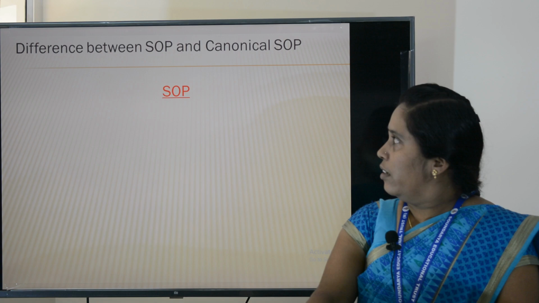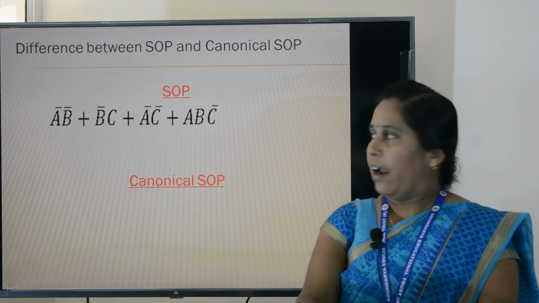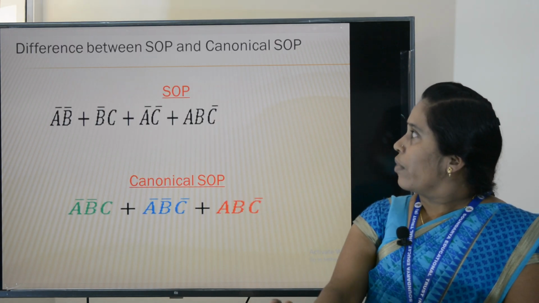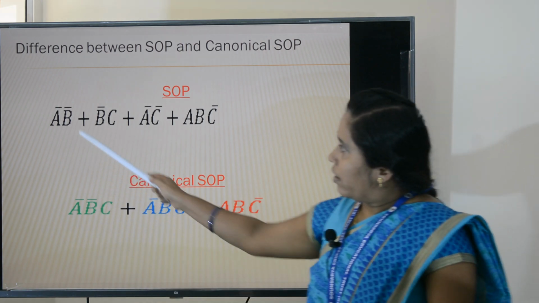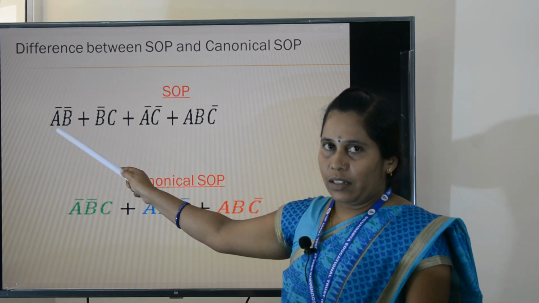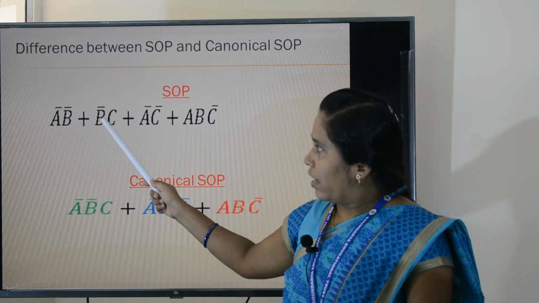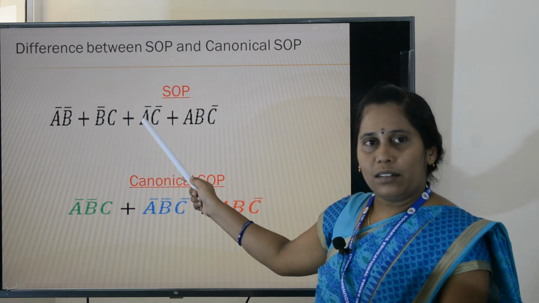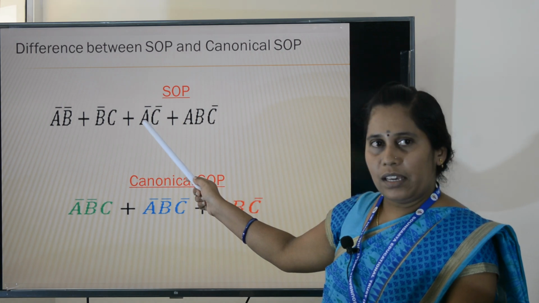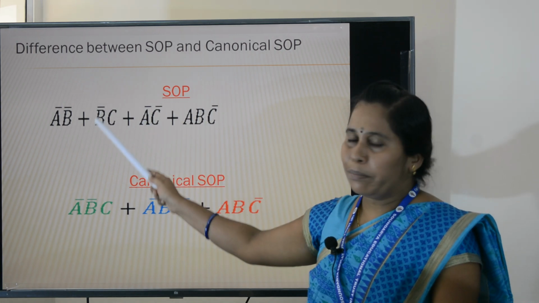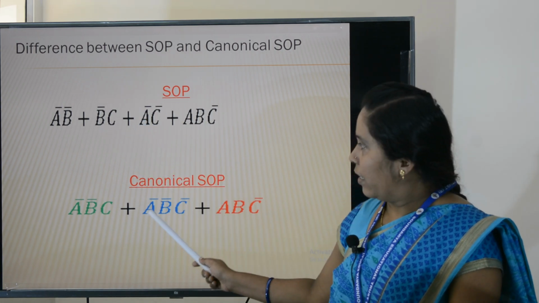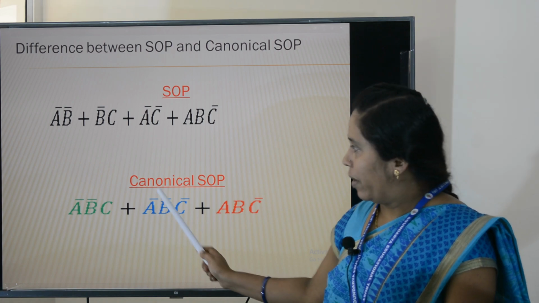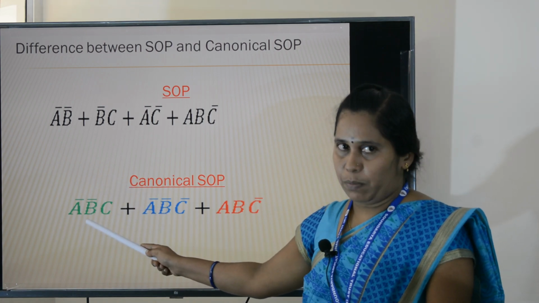Now see the difference between SOP and POS form. In the SOP, in the first term, the variable C is missing. In the second term, variable A is missing. In the third term, the variable B is missing. So it is simple SOP form. But in the canonical SOP, all the variables must be present.